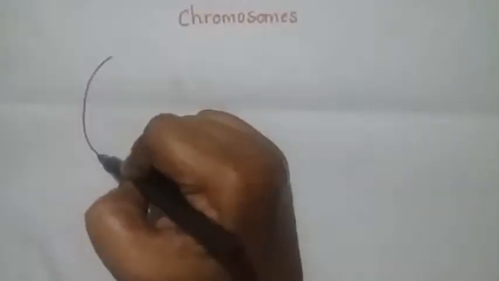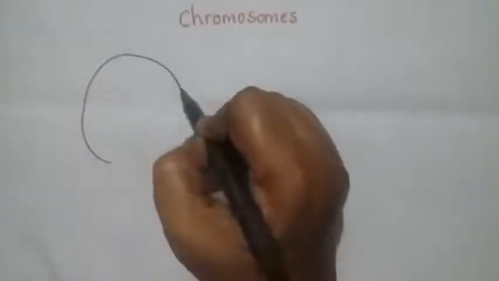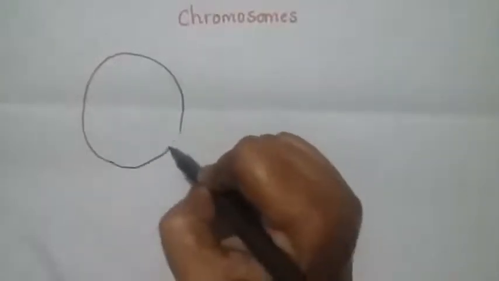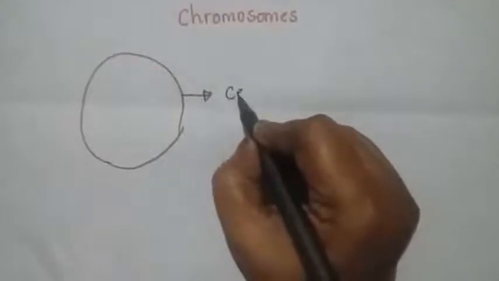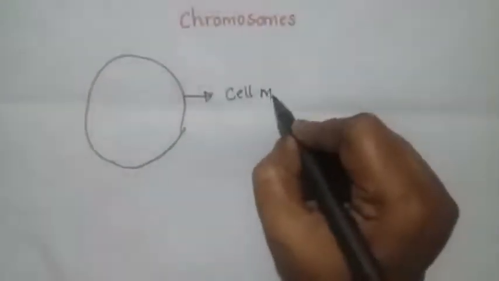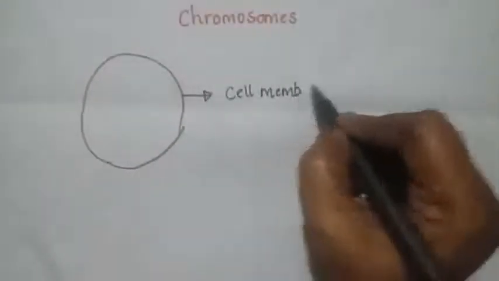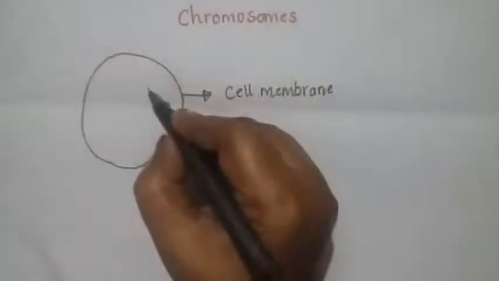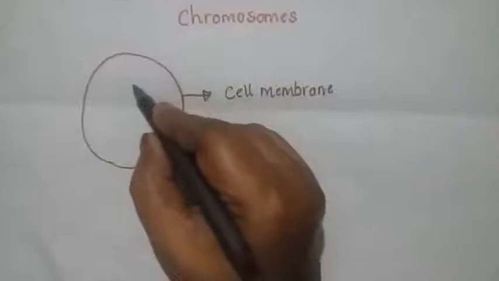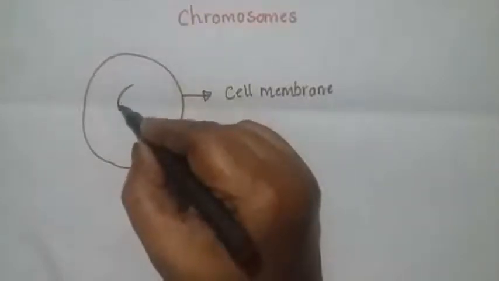Now, we know that especially the animal cell has an outermost layer known as a cell membrane, in which we find one of the largest cell organelles.